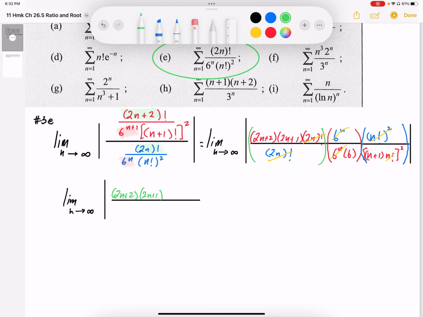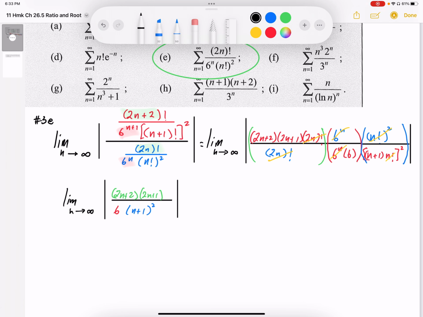In the denominator, we have left over an extra factor of 6 and an extra factor of, in the blue brackets, what's left over is going to be n plus 1 squared. Okay, I'm just going to shorten this up a bit. That's all the terms that are left.